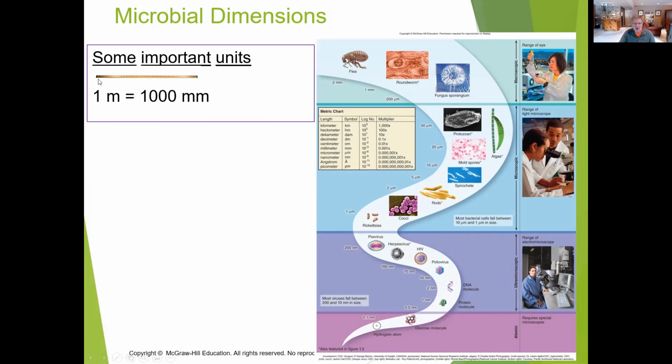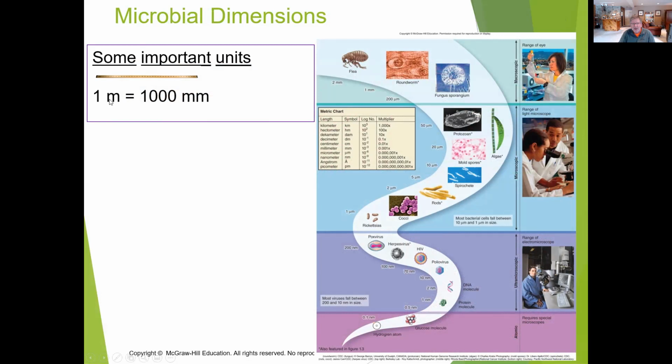Now, you have all worked with meter sticks. In fact, in A&P1, we do a lab where we use a scientific method to explore the relationship between long bone length and height. You might remember doing our lab report on that. So you've all hopefully worked with a meter stick. And that's what's photographed here, a little sketch of it.